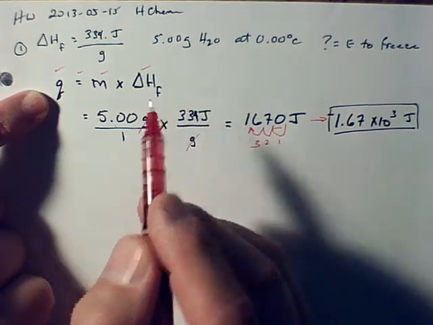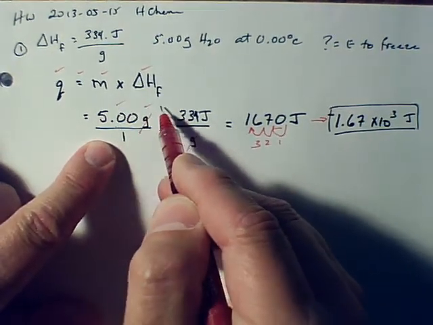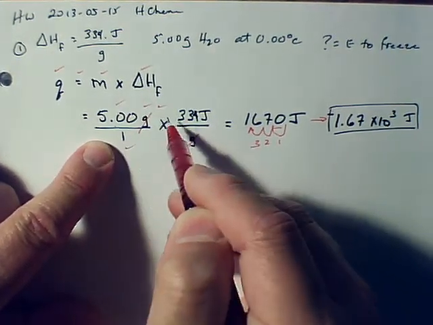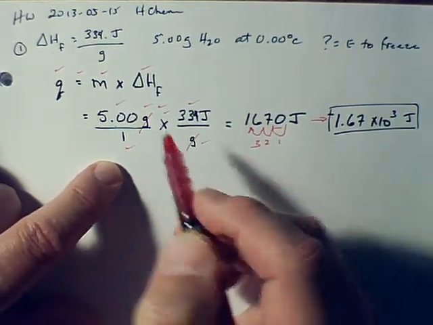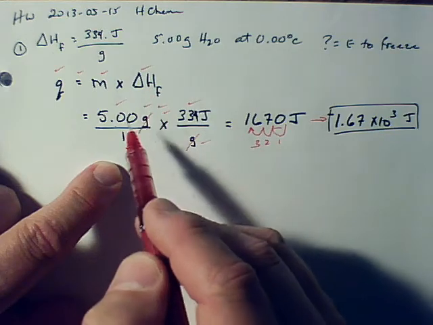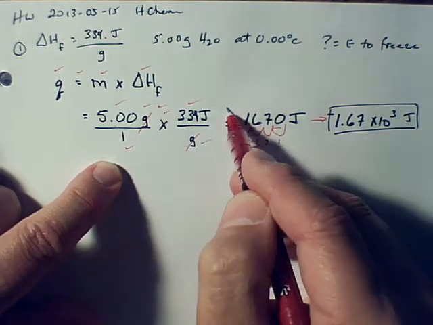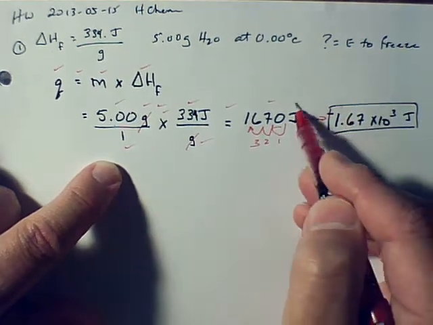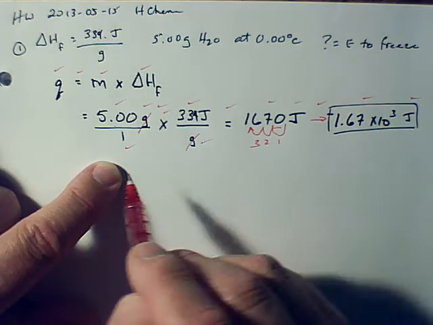Is it freezing or boiling? You need to show that, okay? And then you got to say that 5 grams, and you cancel the grams over 1, times this whole value, canceling the grams. That's 1, 2, 3, 4, 5, 6, 7, 8, 9, 10, 11 points so far, equals this number of joules, rounded off to this number of joules.